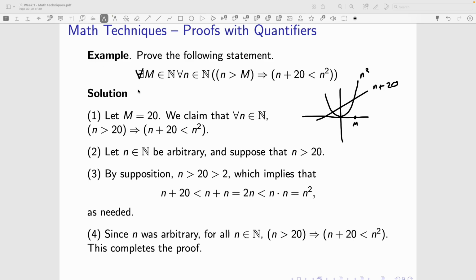Yeah, so if it were for all m, then indeed you would have just found a counterexample. Oh, so, it's just an element, so we just find one. Yeah, like this is true for m equals 20. It's true for m equals 1,000,000. It's not true for m equals 1, but that's okay because we only had to find one value of m.